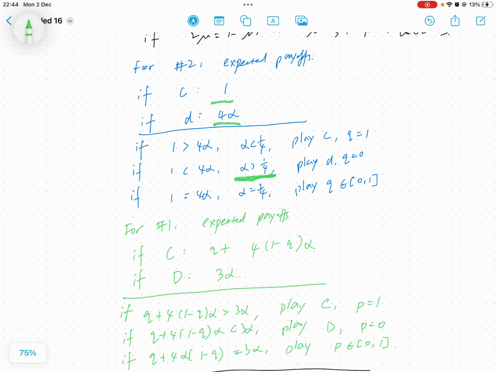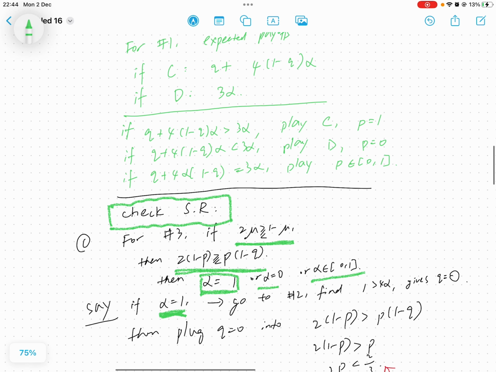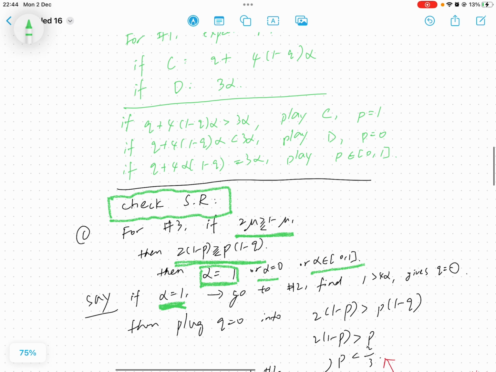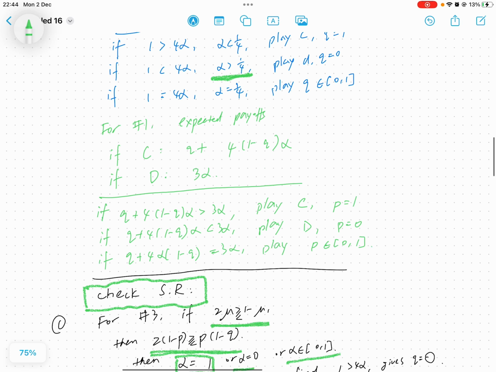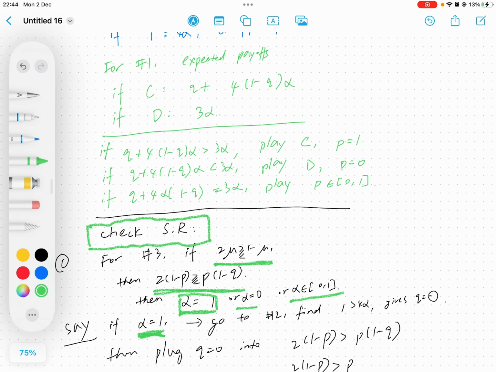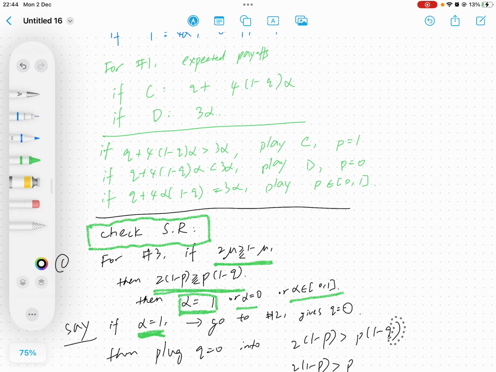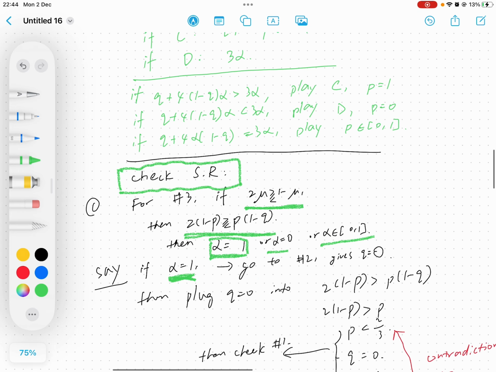Of course that is greater than a quarter, so this simply gives us q is 0.